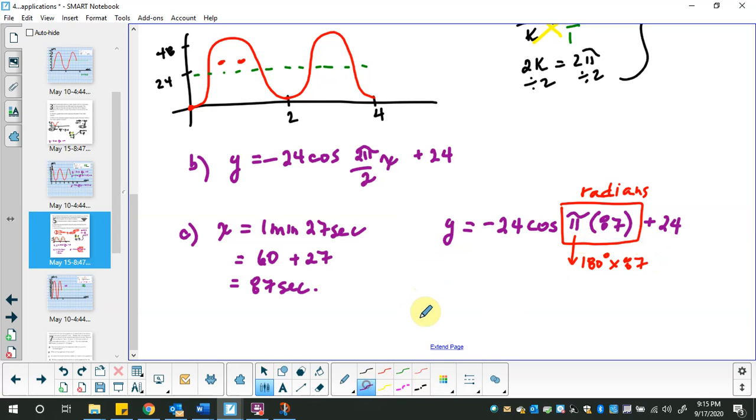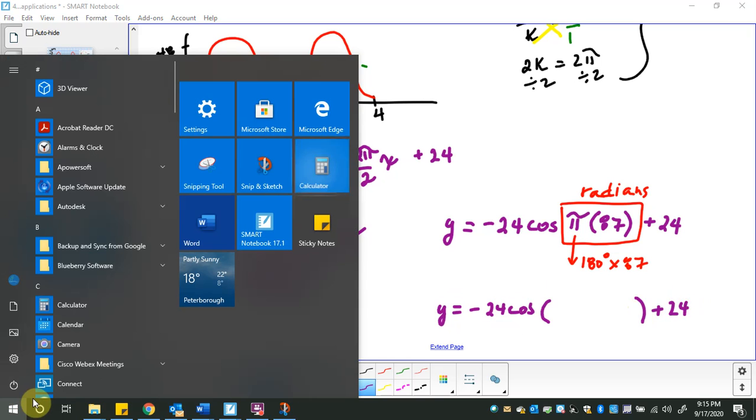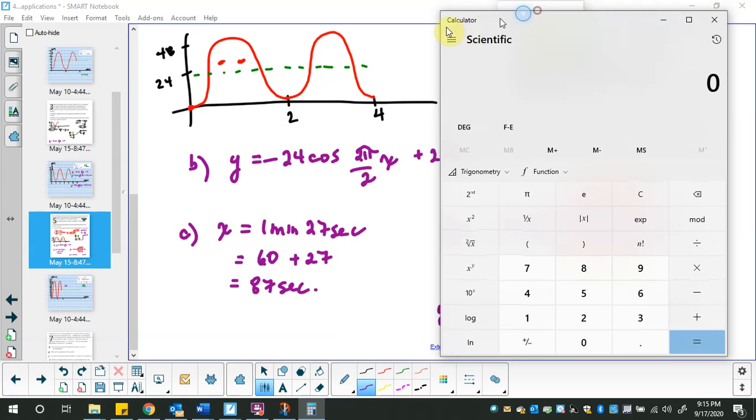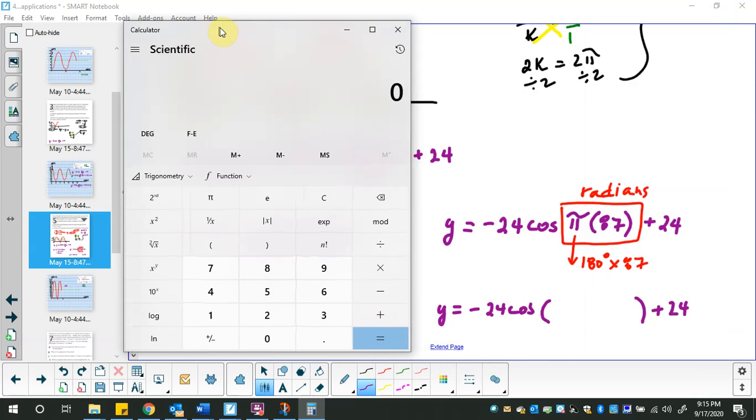So I'm going to figure that out using my little calculator. I'm going to put it in a bracket and then put the plus 24 at the end. I'm going to have to move this by hand.